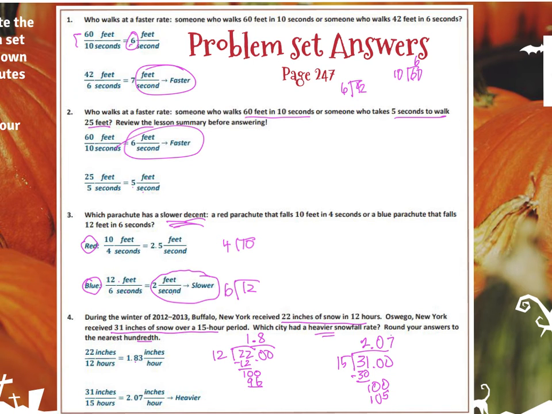I bet it rounds up. I bet it's a 6, and then there's a bigger number right after, because it said I had to round to the nearest hundredth. So there's a 0, 3, 9. That'd be a 6, so that's why that bumps up. That's equal to 2 and 7 hundredths. Okay, so this is more per hour, not by much, but it is more per hour in Oswego.